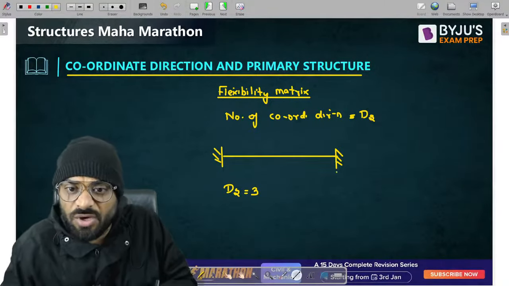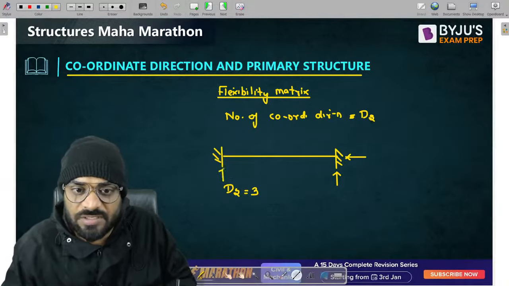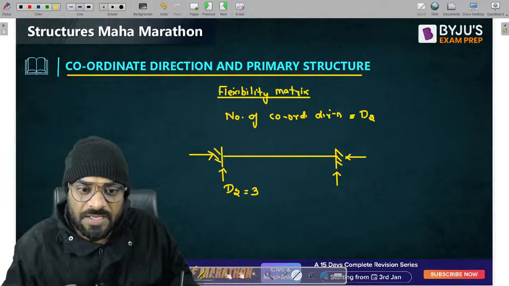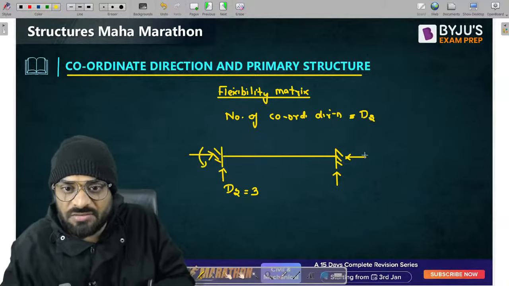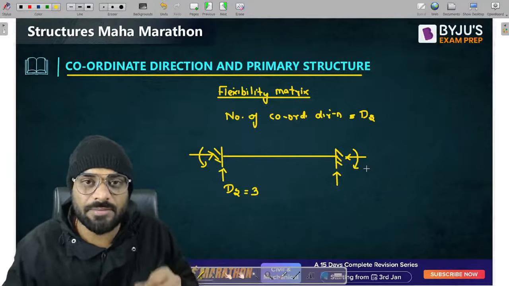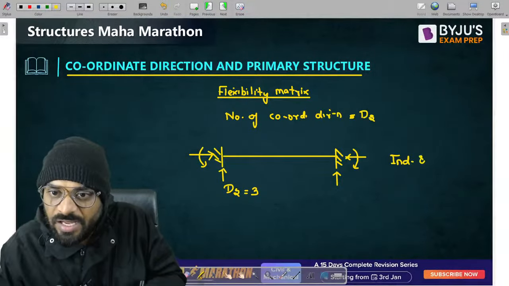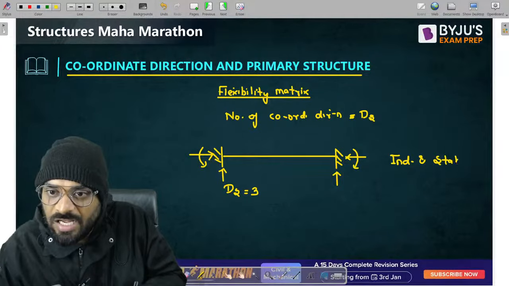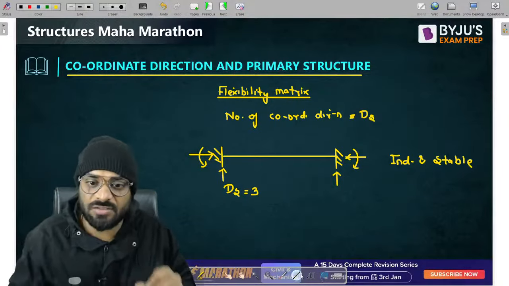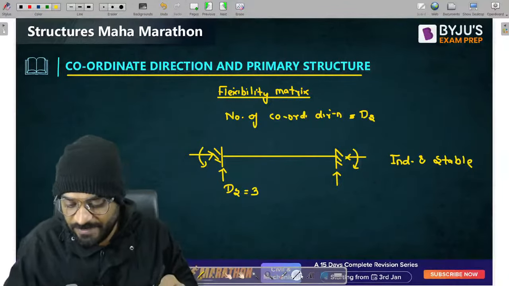So any three directions you have to consider as coordinate directions, but our structure should be determinate and stable. Right now it is indeterminate and stable. But after considering those three reactions, our structure should again remain determinate and stable.